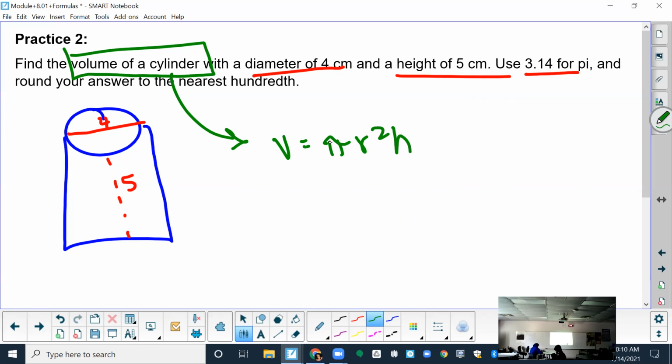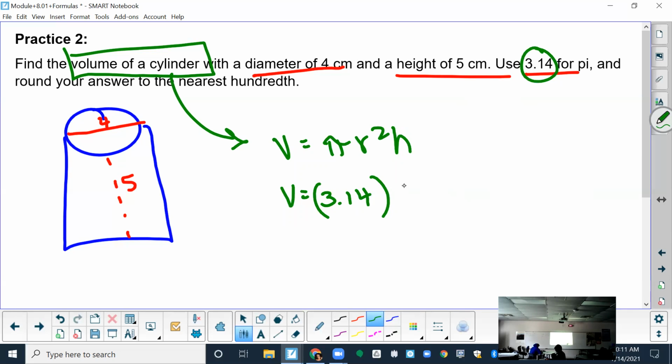Last thing you want to do is use the wrong formula, so make sure that the thing matches. So volume of a cylinder, that's the formula. Let's start plugging stuff into it. So we have V equals pi, which it says use 3.14 for pi.